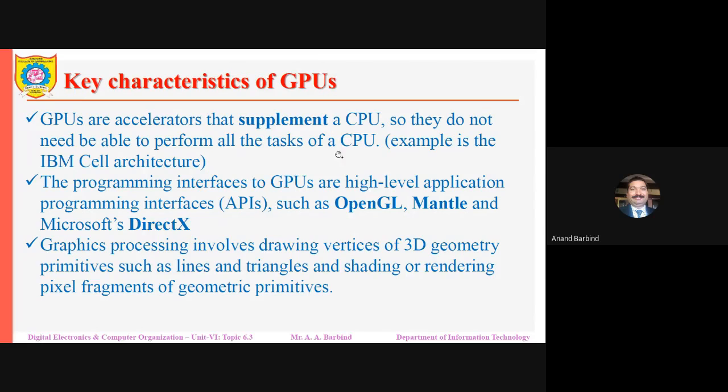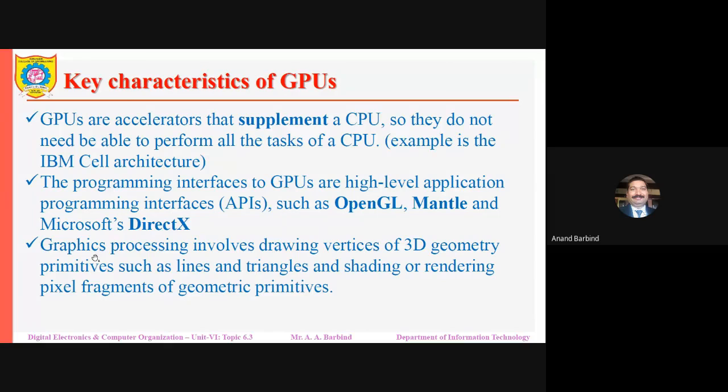But when it comes to using the graphical display, you need to use the interfaces. Interfaces are nothing but the services provided by these APIs, that is, application program interfaces, and this program contains specialized instructions which can be understood by the GPUs.